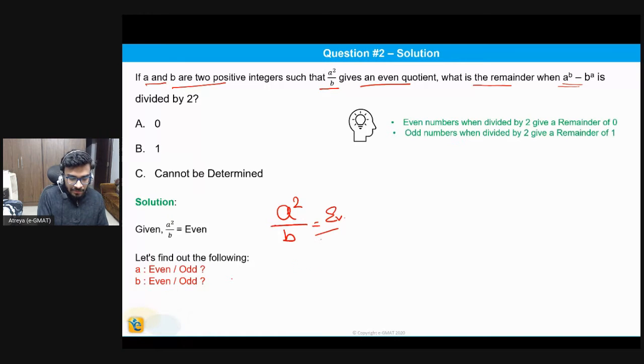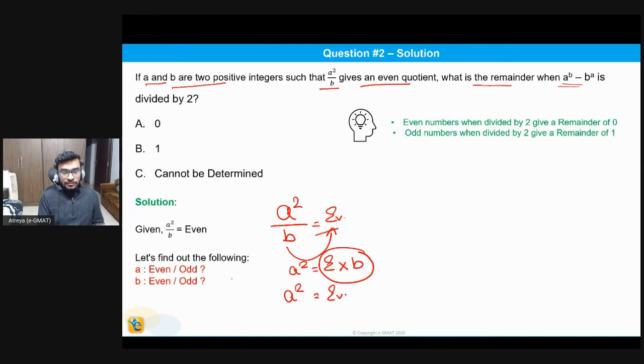What I do is I multiply b to both sides of this equation to get the value of a squared. So I can write a squared is an even number times b. Now, even number times b would always be an even number, right? So a squared would be an even number. And we have already told you if a squared is an even number, then a is also an even number.